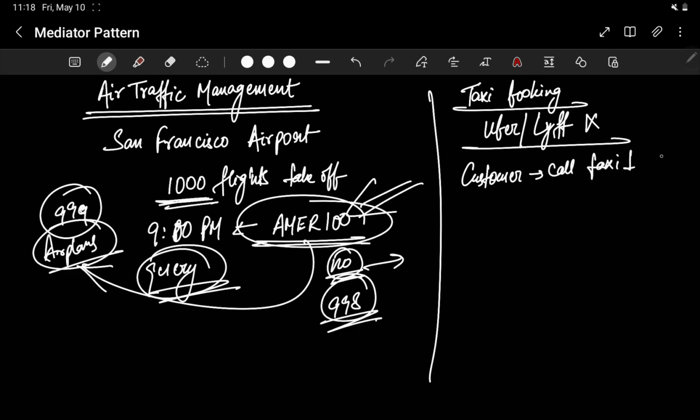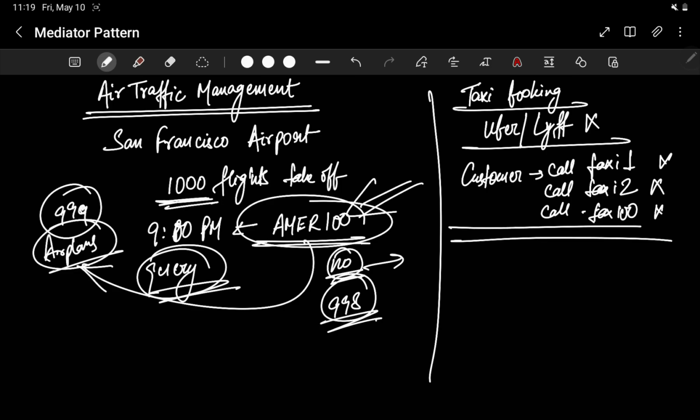Are you available? He said no. Then he called taxi 2. Are you available? He said no. Then taxi 3. Then, let's say it's a very busy day and 100 taxi owners told him no. Then it's a terrible day for him.